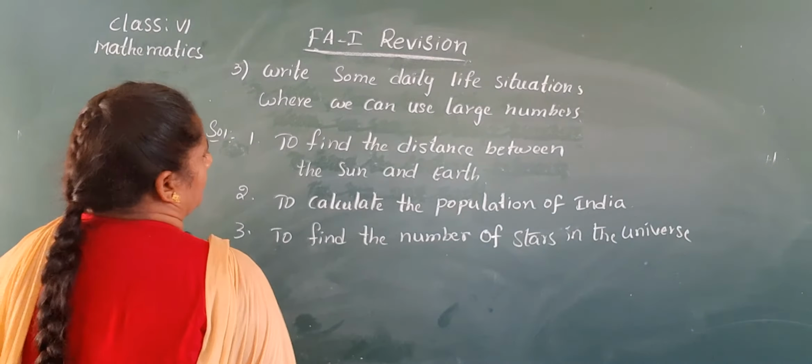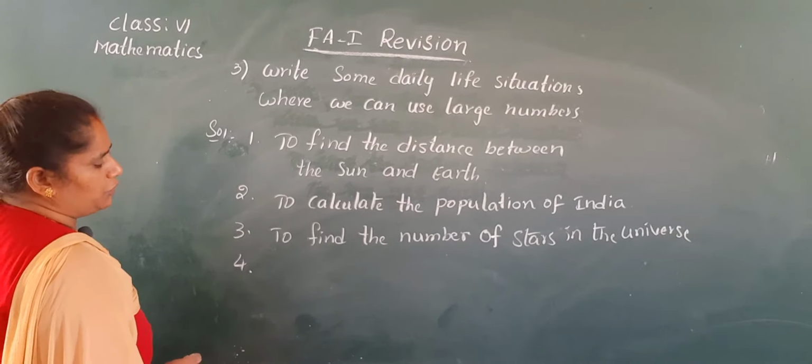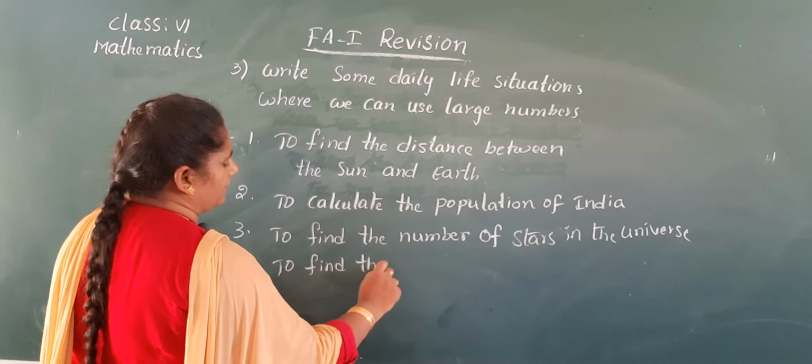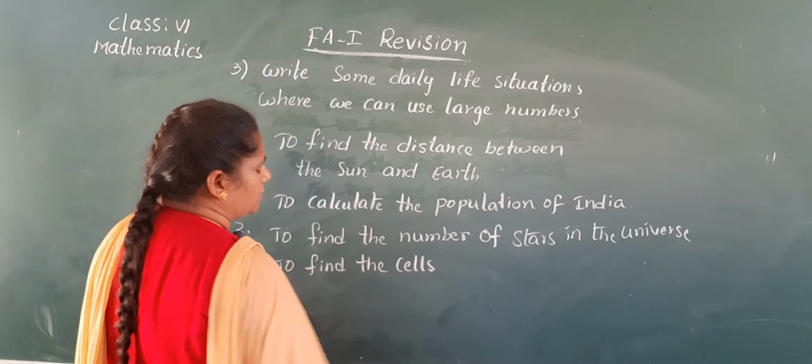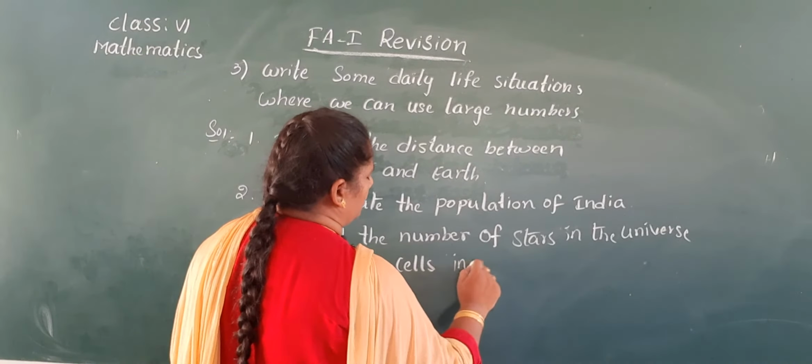Okay, where we use number of stars in the universe and to find the cells in our human body. So there are so many cells, no Nana? So to find the cells in the human body.